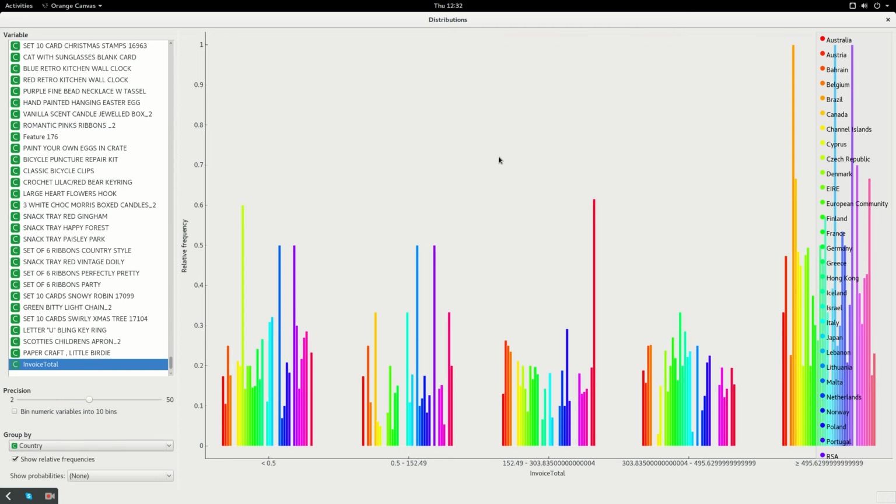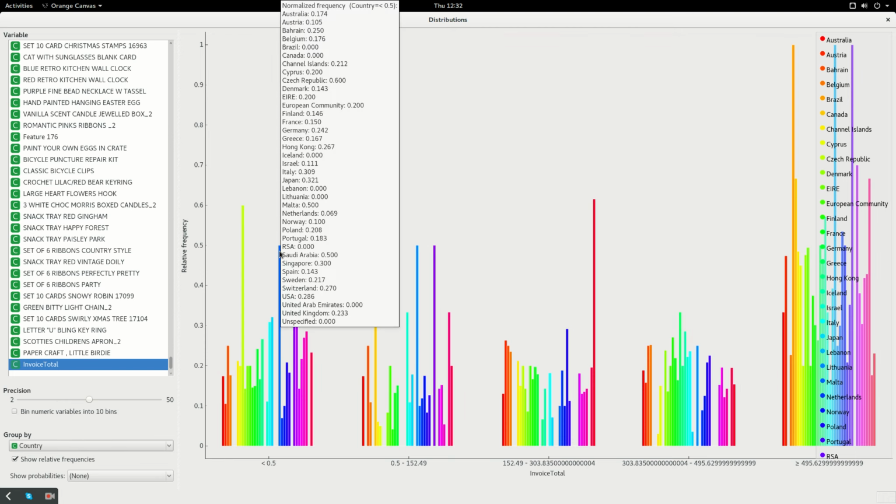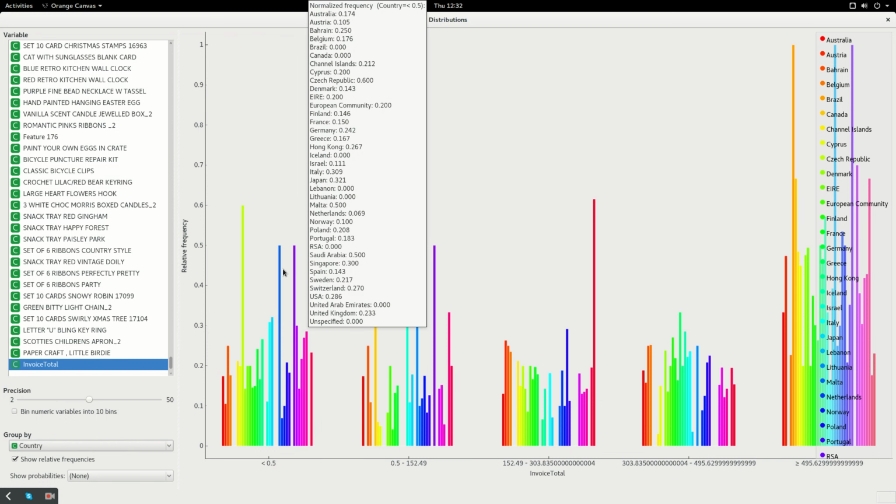Having a quick look, if we hover over the category over here, we see that Malta actually has 50%, you see over there, 0.5, 50% of its transactions in the low value. So 50% of the transactions from Malta tend to be less than 50 cents, or actually all returns, which is quite a massive amount when you think about it.